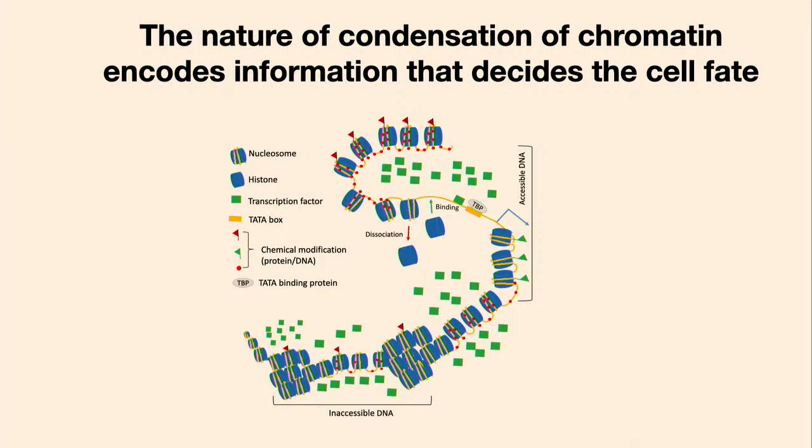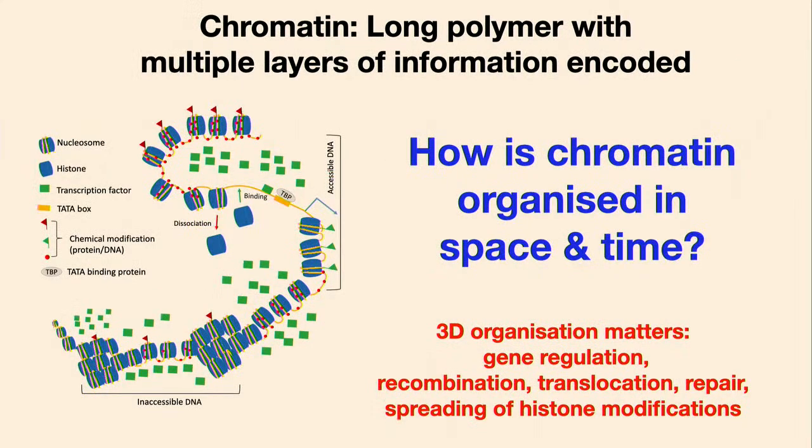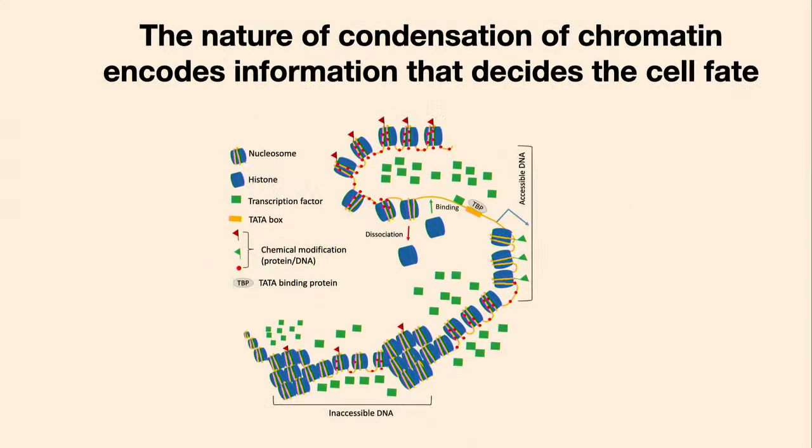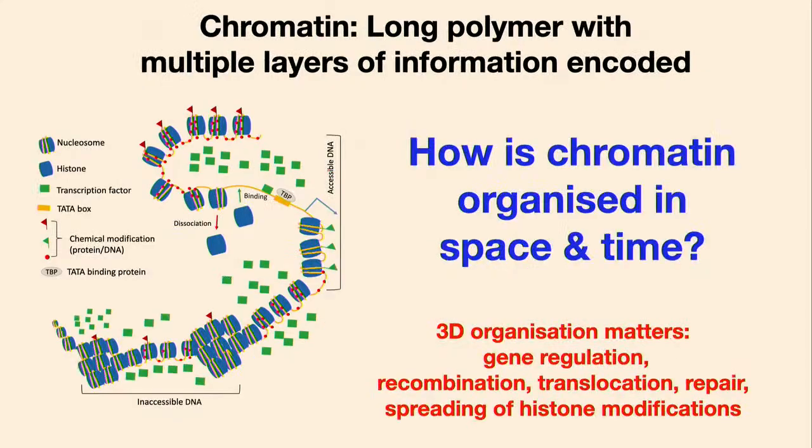Now the question is, what is the nature of condensation? It turns out that the specific way the DNA condenses decides the fate of the cell. For example, whether the cell becomes a neuronal cell or a skin cell is decided by the way the DNA locally condenses.